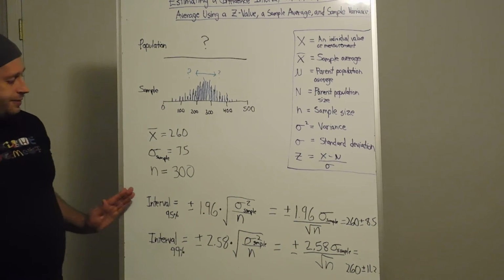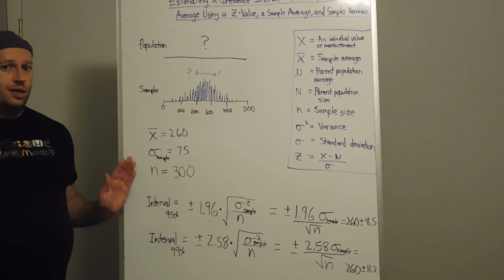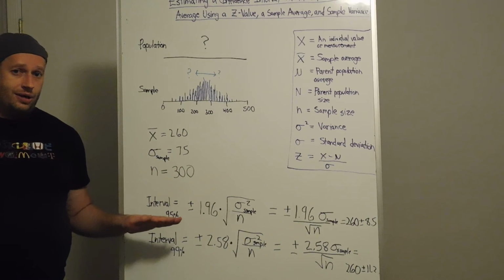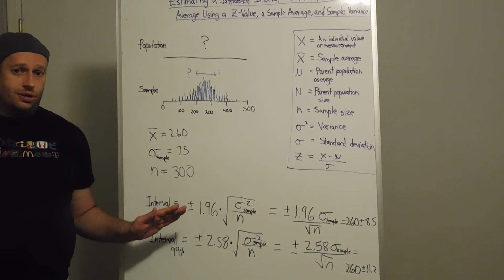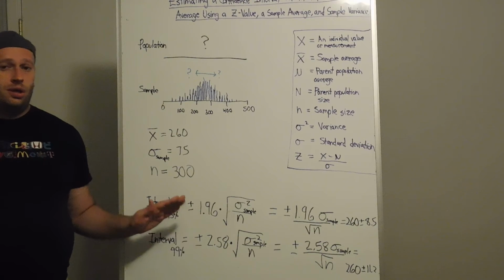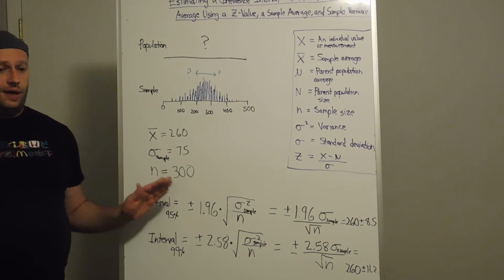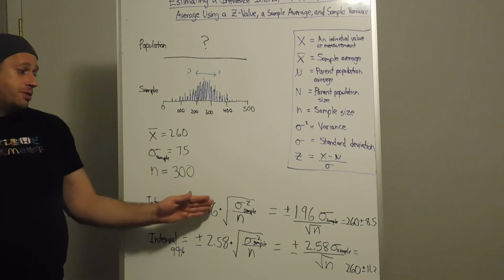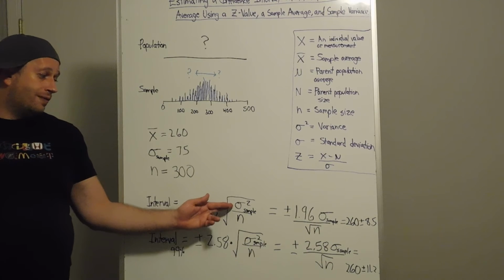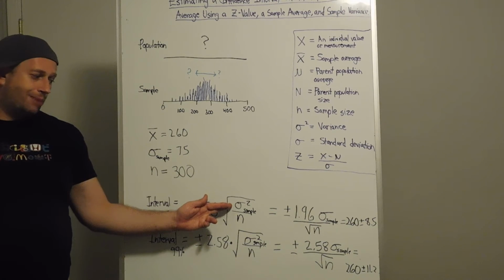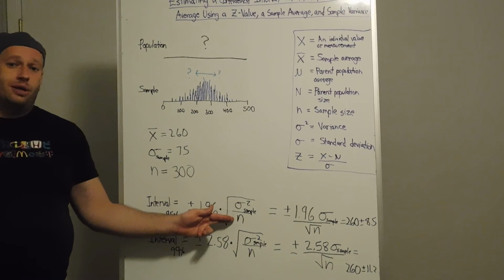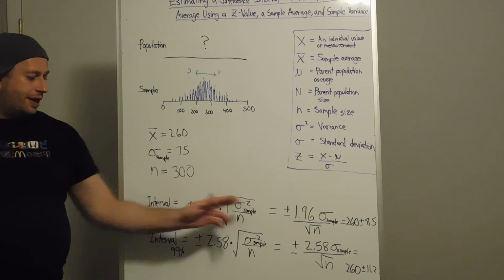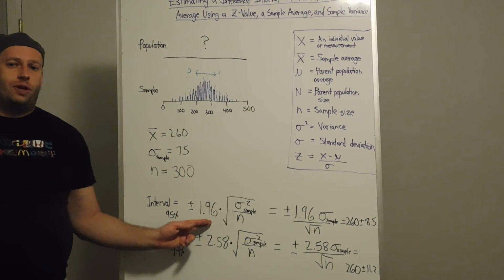Remember that if you take the variance and divide it by n, that's a closer approximation to the actual standard error, and that is how much your average is deviating from the population average. But since we can only use our variance from the sample, and the n from our sample, we got to take the square root of that, and then we got to decide what level of confidence we want.